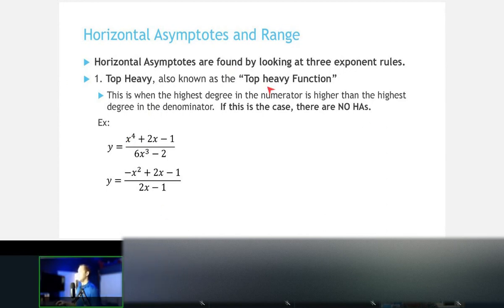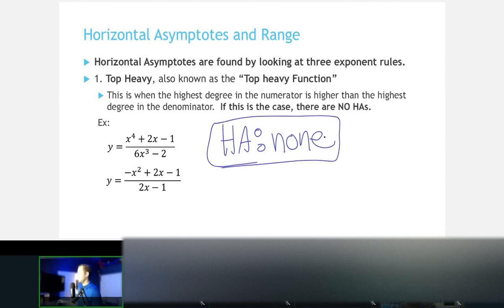Whenever it is top heavy, we have no HAs. Like on your TGA, you'll have to answer one of these questions. Your HA, just so I know that you know, well, none. There's no HA for this one because it's top heavy.